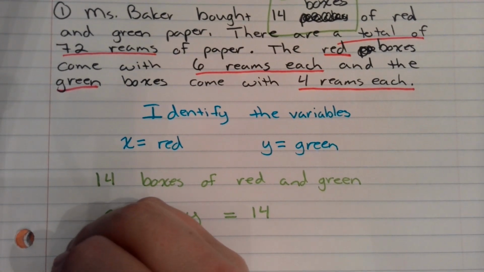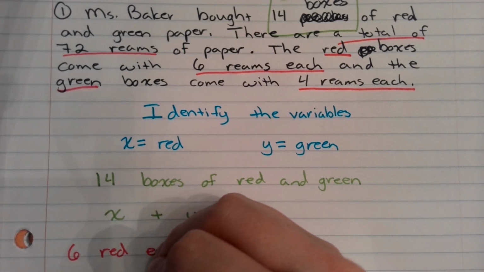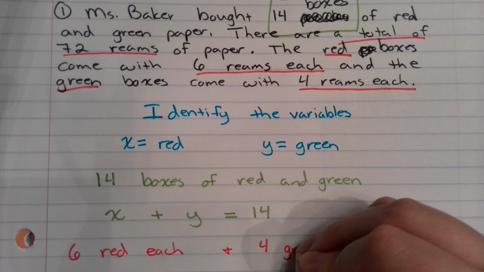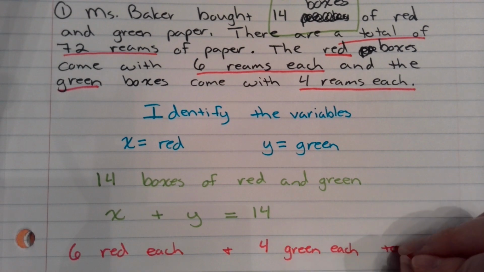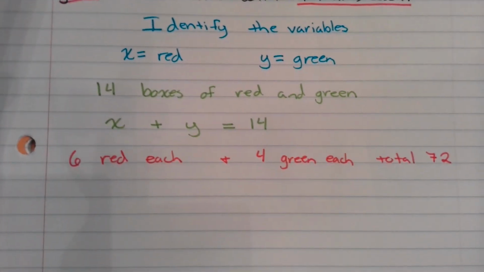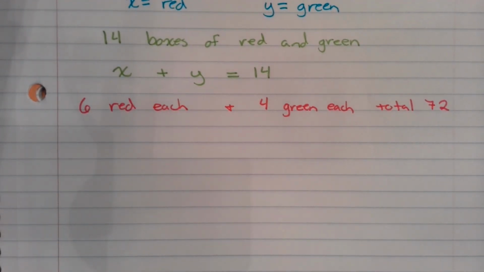Okay, so let's write that information. We have 6 red each and 4 green each for a total of 72. 6 red each, 4 green each. It's a total of 72.